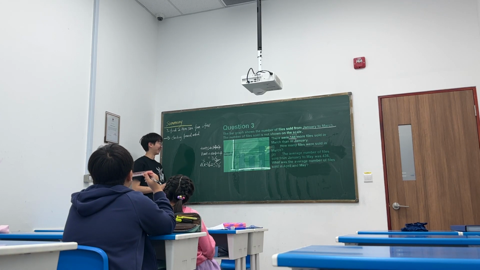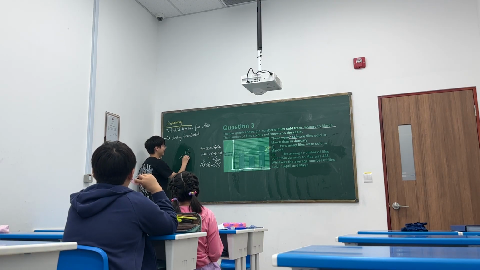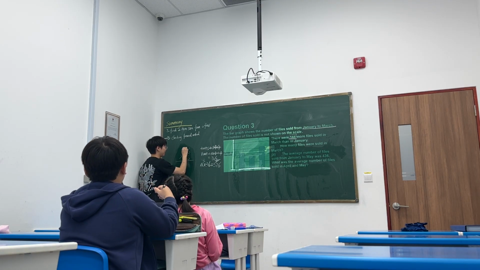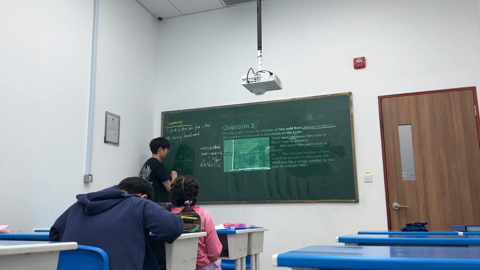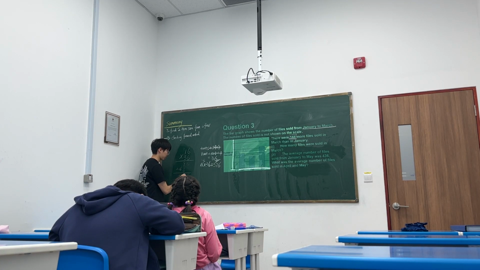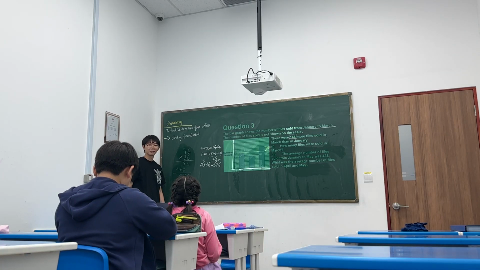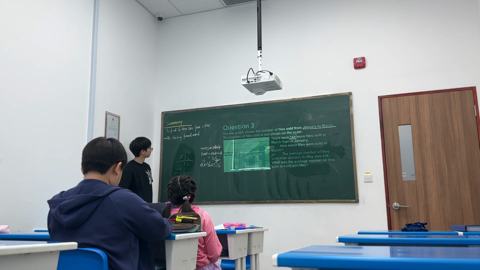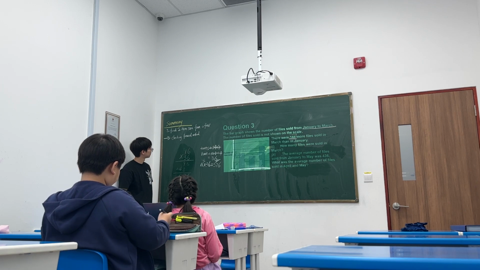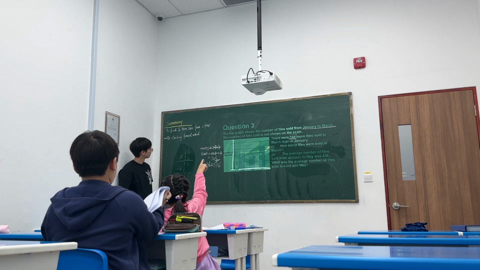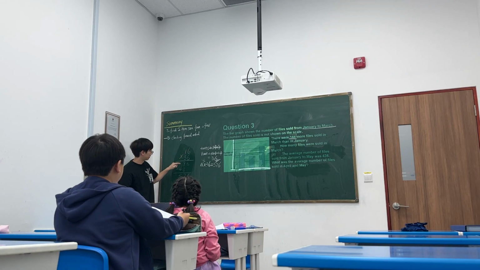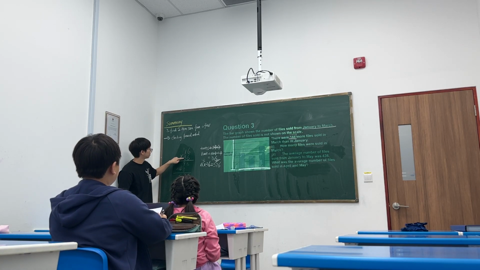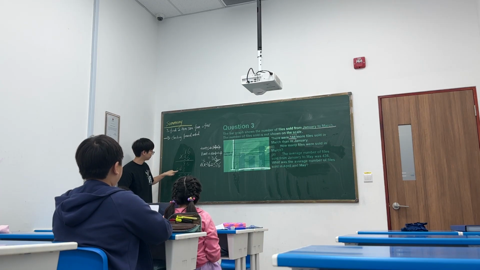Right, let me do it again. 16 times 6. 3 times 6 is 18, right? You get a carry digit 1. So 3 plus 1 plus 1 equals 4, plus 5.